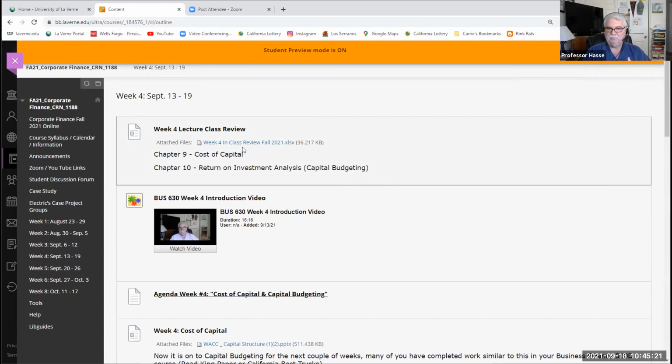It's reviewing that process and making sure we're all on the same page of how to do that. Here's a spreadsheet that I'd like you to download and review, and also I'll be reposting this after I do some adjustments to this after the lecture. But this is a very important spreadsheet to help you with the electrics case and with your case number 2 next week. It defines all the key points of chapters 9, 10, and also 11, which we'll look at next week.